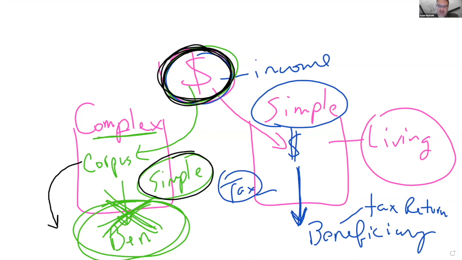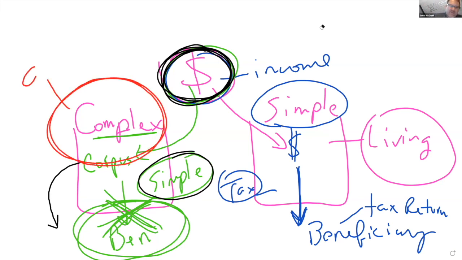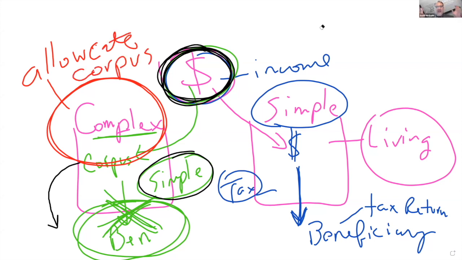And so what I'm going to share with you tonight is, if you want all those 5 living benefits, you need a trust that allows you, hold on a second, let me change my color. I'm going to make it red. You need a trust that allows you to use the complex code and allocate everything to the corpus of the trust. You need to be able to allocate everything to the corpus of the trust.